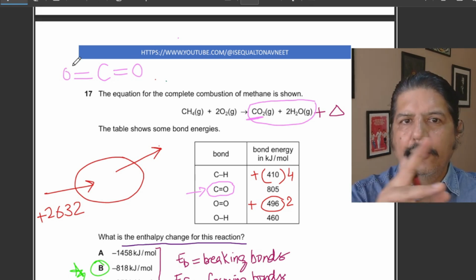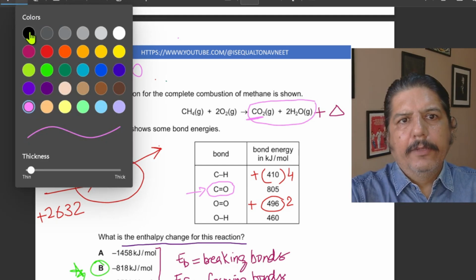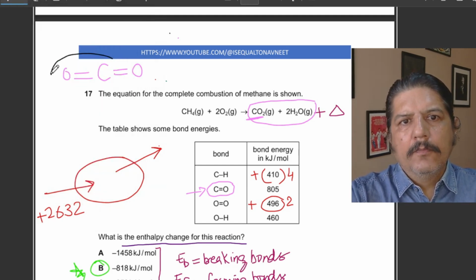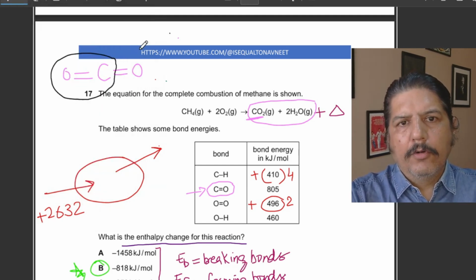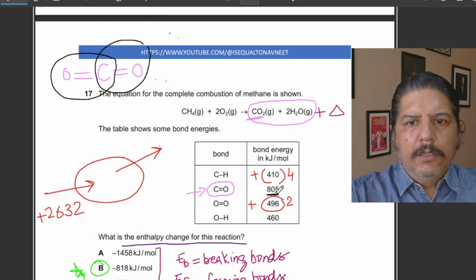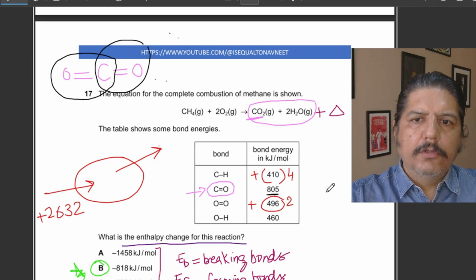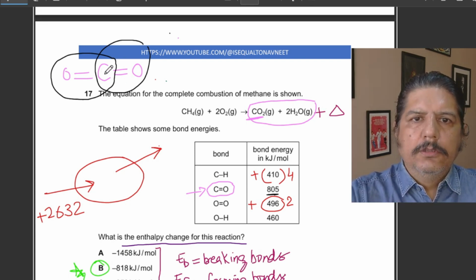So there will be a double bond on both sides of carbon. And the point that I'm trying to make here is that these are the bonds. This is one bond which will be formed. This is another bond which will be formed. When one bond is formed, 805 kilojoules per mole of energy is released. Now I am forming two bonds.